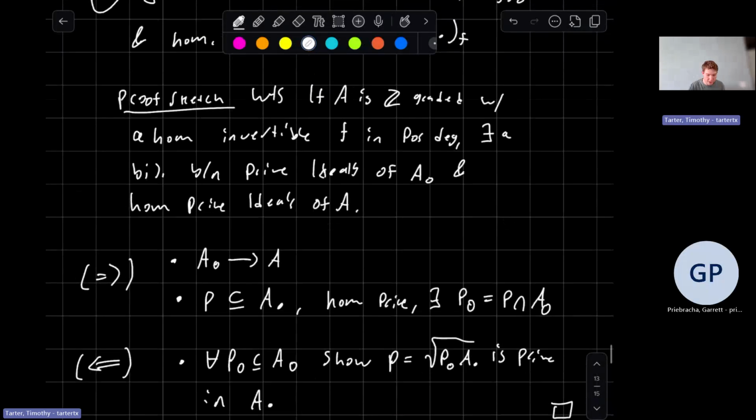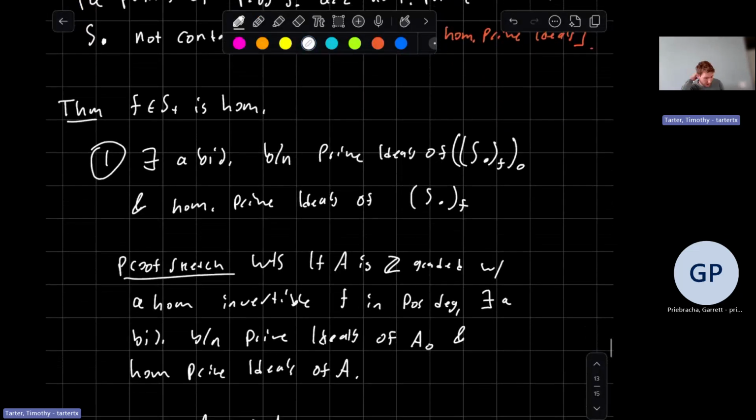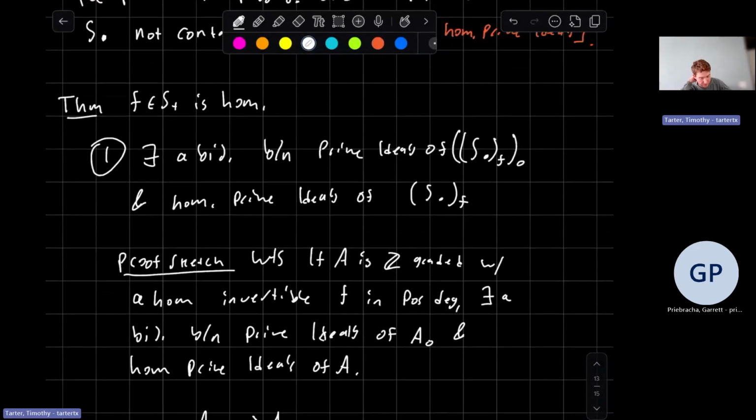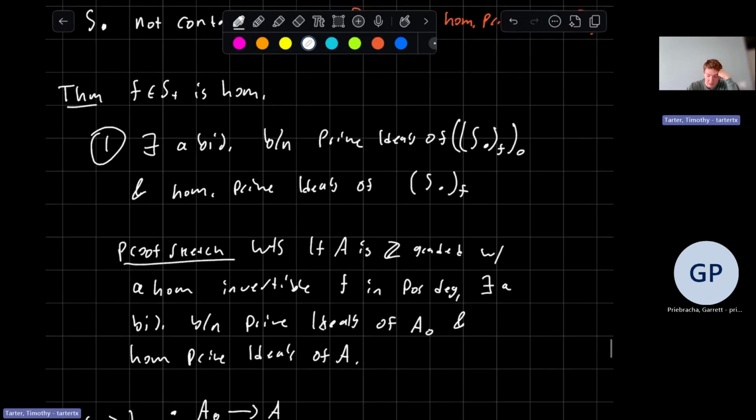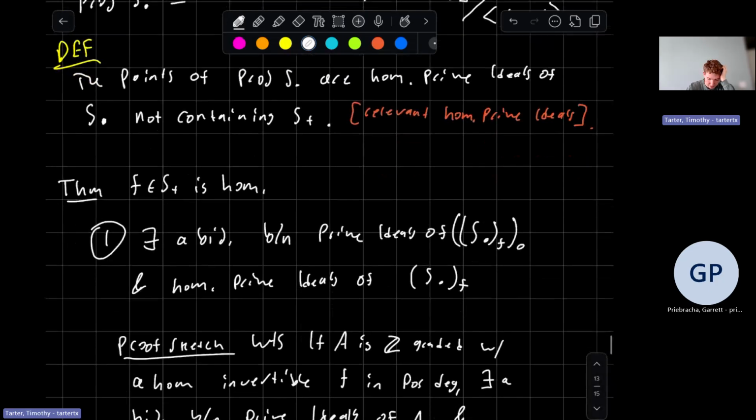Okay, so where we left off was with this bijection existing between prime ideals of this graded ring localized at F, and then at 0, right?